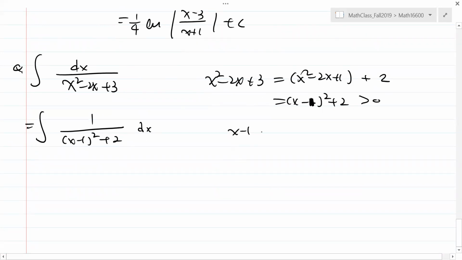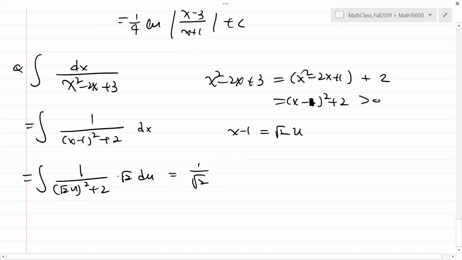Let x minus 1 be square root 2 u again. So this integral is 1 over (square root 2 u) squared plus 2, and dx is square root 2 du. Then you simplify: square root 2 over 2 times the integral of 1 over u squared plus 1 du.